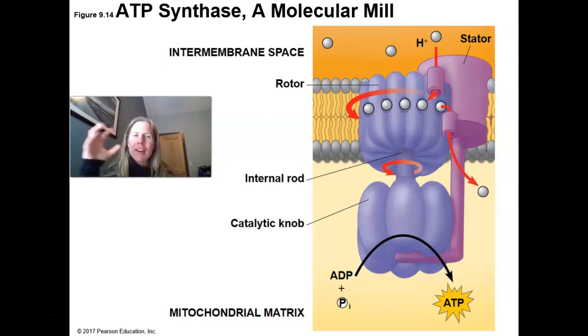And the energy coming out of this turbine is how we put ADP and phosphate together into ATP, because adenosine diphosphate has a negative charge and phosphate has a negative charge. They don't want to go together. We need energy from this turbine to make it happen.